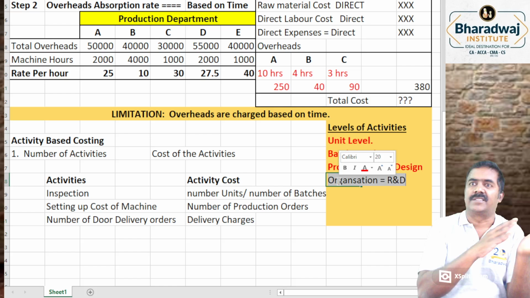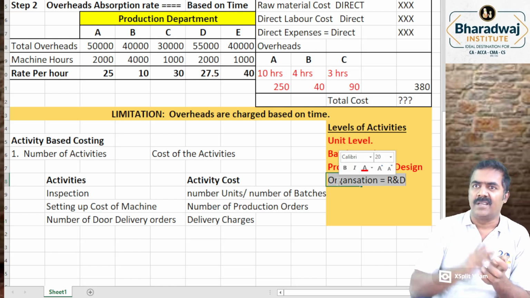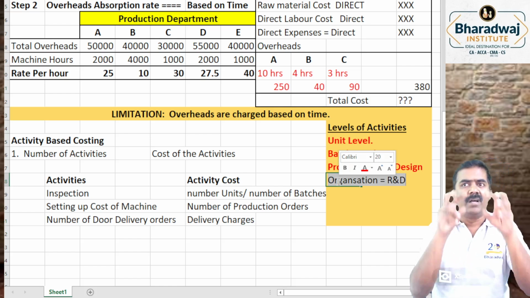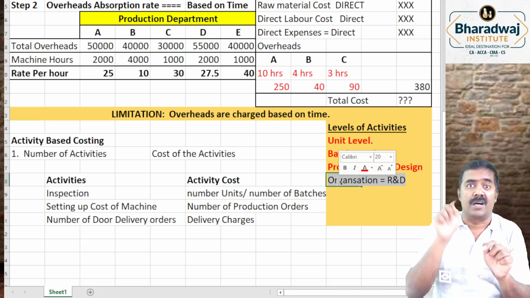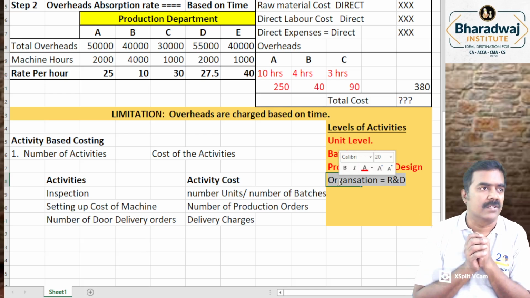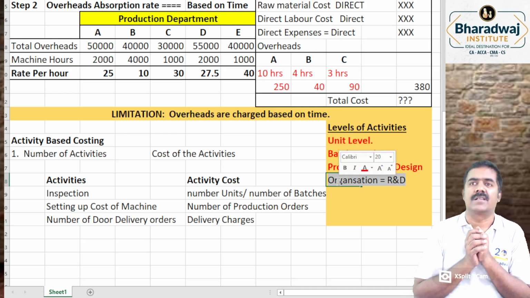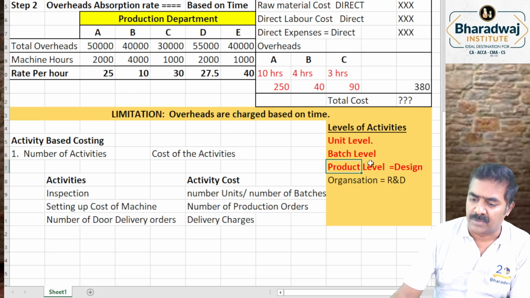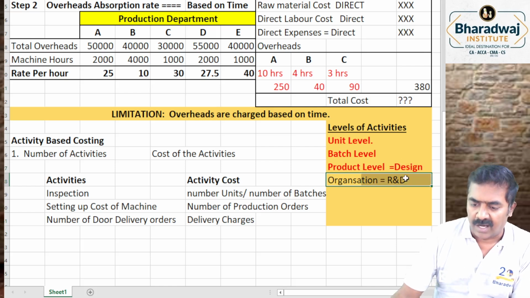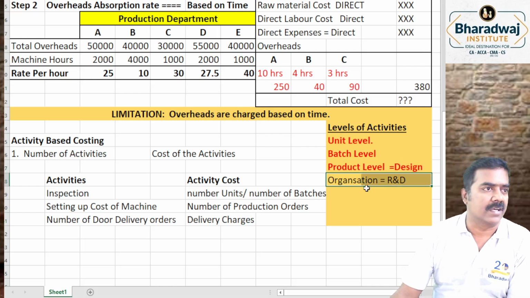You are studying the relativity theory: you have a hearing problem, how is it related to the others? Like that you are doing R&D. Can I charge that cost to the customer? No, I cannot charge the cost to the customer. Unit level, batch level, and product level can be charged. R&D cost cannot be charged.